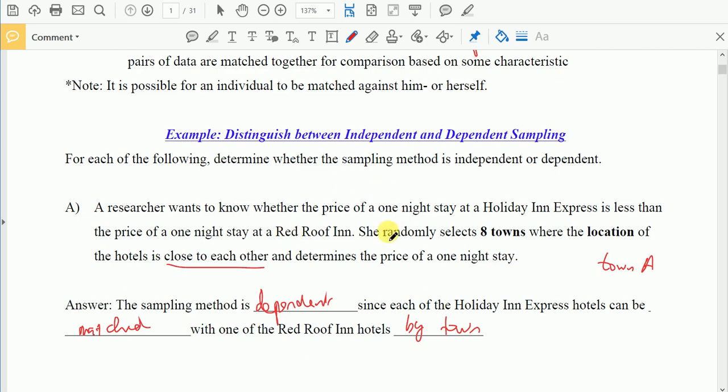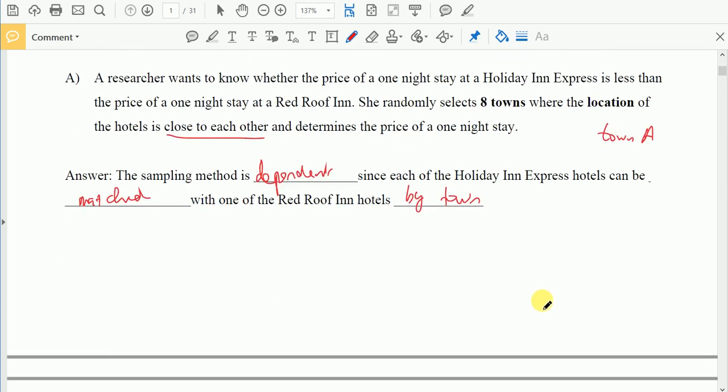So the second hotel will depend on the first hotel that I select. In the same town, if you want to compare, make sure the 2 locations are 2 different hotels, and one of them will depend on the other one. Once you select one, then you can decide the next one. So that means they depend on one another.